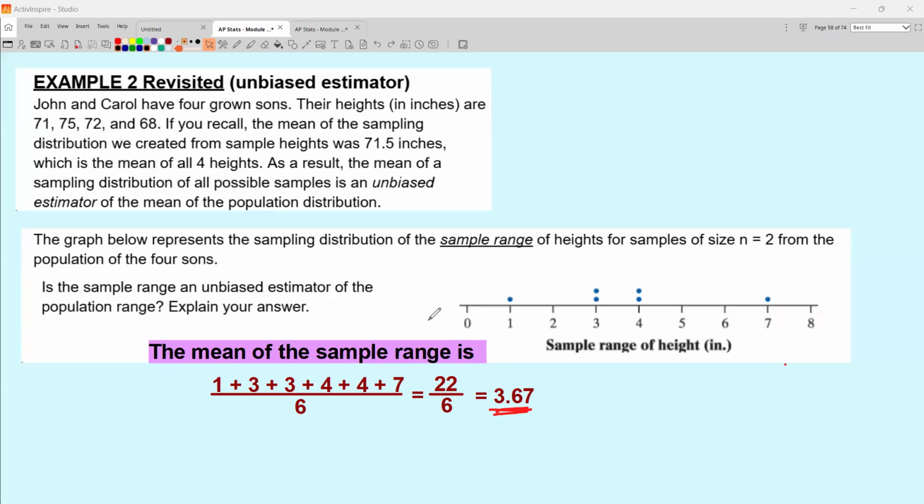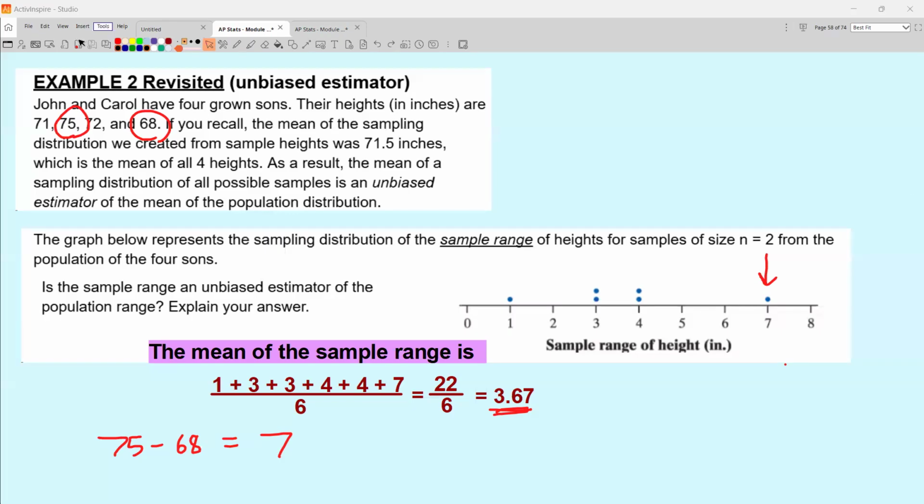Now let's look at the actual range, the highest minus the lowest: 75 and 68. 75 minus 68 is going to be 7. 7 is way up here. Does this estimate with accuracy the actual range of the population?